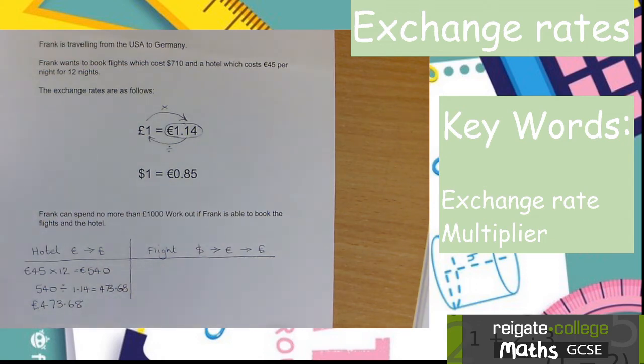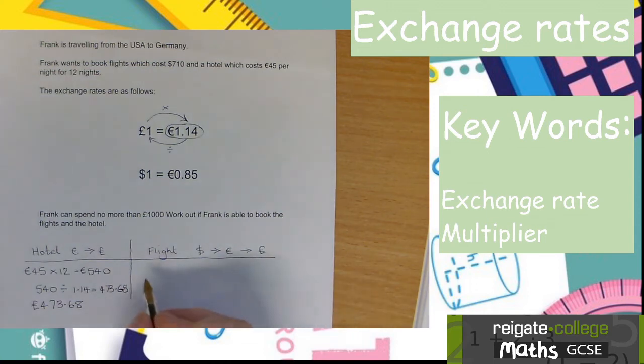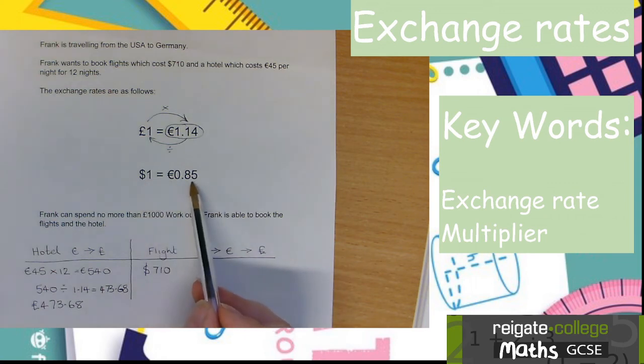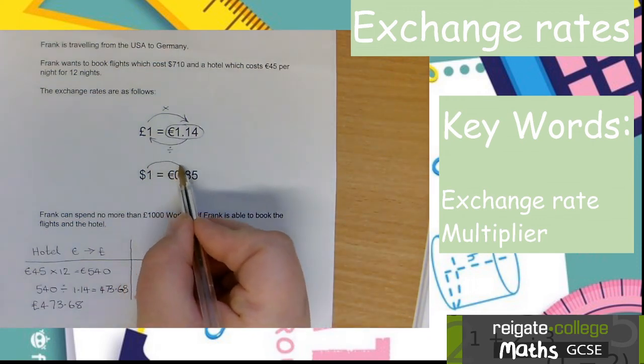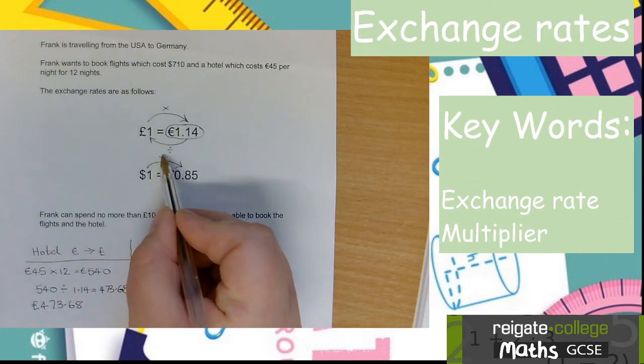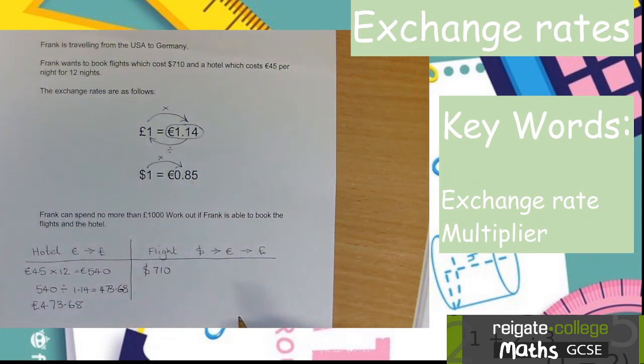Before I do that final calculation, I need to convert my flight into pounds. My flight cost is in dollars, so I'm going to need to use this particular calculation to convert it first of all into euros. Going from the dollars to the euros is a multiplication.